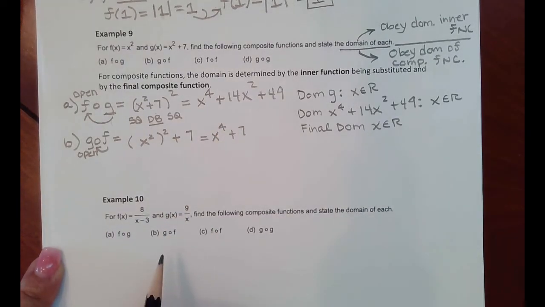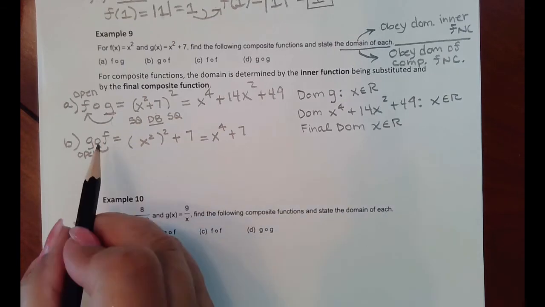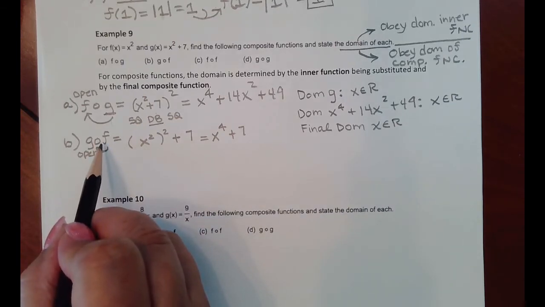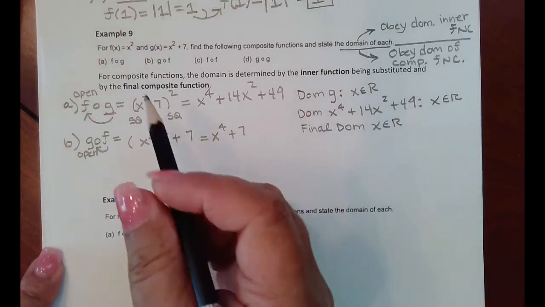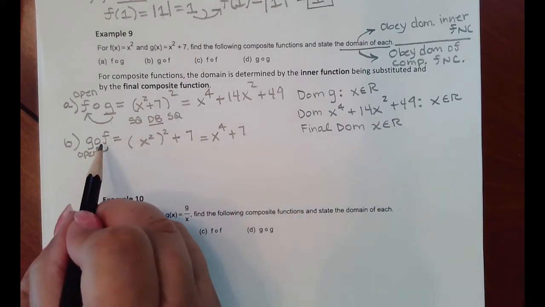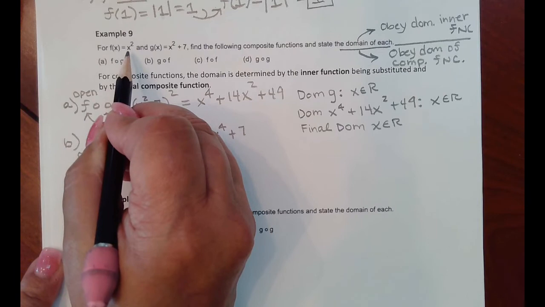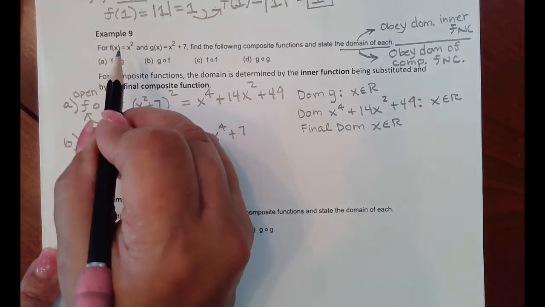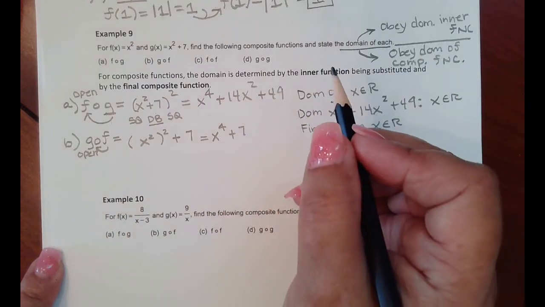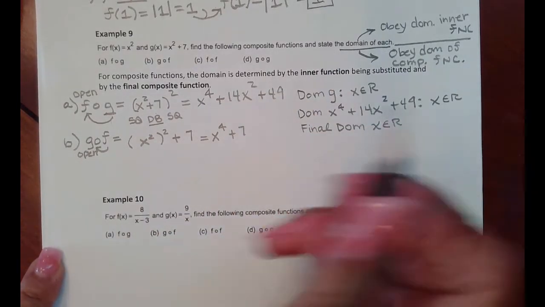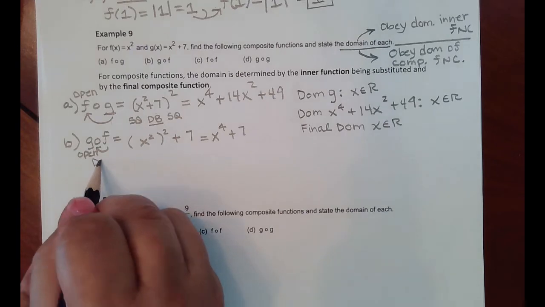Notice again that the original function here, I'm not going to write it out all three parts each time, but I will point to it. The inner function was f. It is a polynomial that does not happen to be fractional, and it is not part of a radical. Therefore, the domain is all real numbers for f. I guess I'll write it for just one more of them.